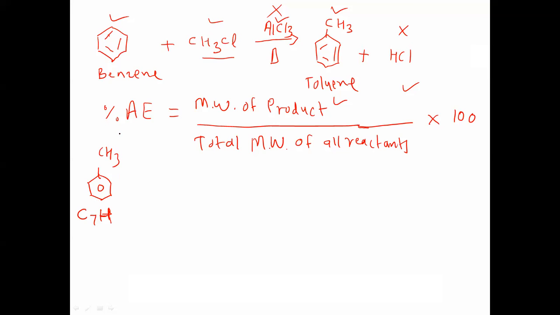Here we have a pi bond clearly shown. At the first position there is no hydrogen. Why? Because carbon has valency 4 and all 4 valencies are occupied by bonds only. 1, 2, 3, 4. So here there is no hydrogen.